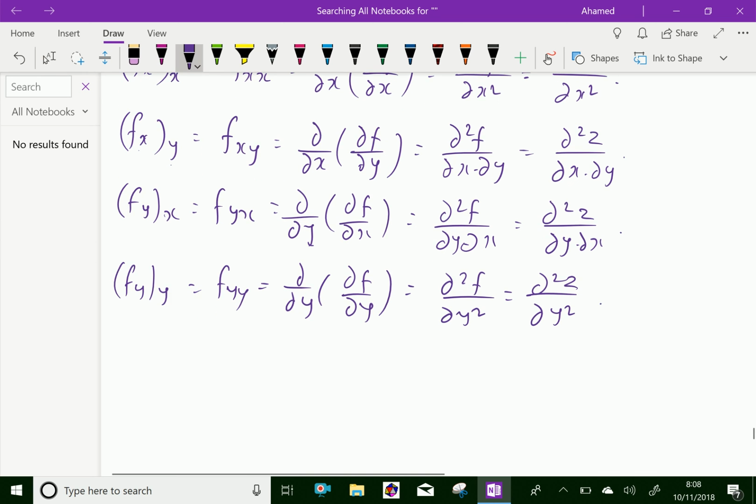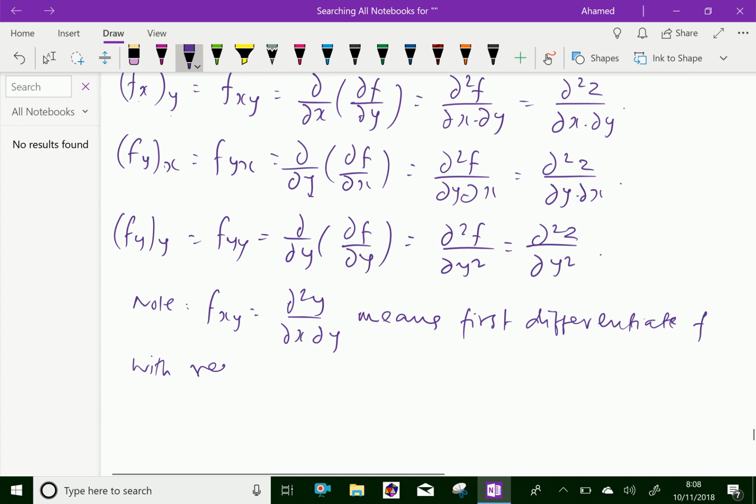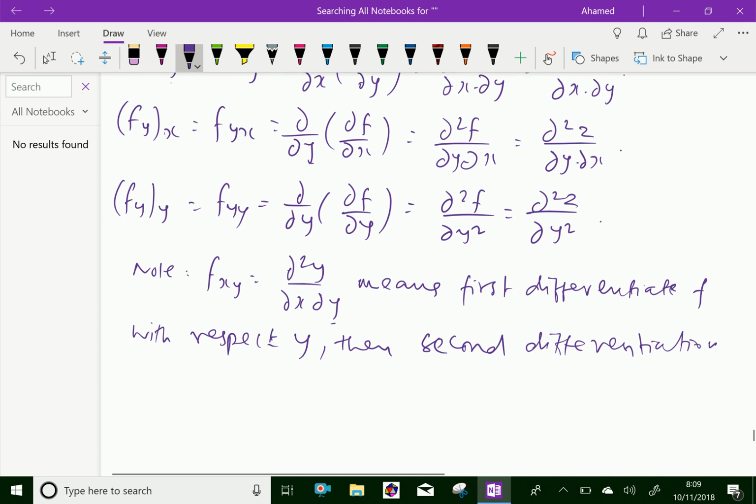Here note this point: f of xy, which in turn you can write as dou square f by dou x dou y, means first differentiate f with respect to y, which means the outer letter y, then second differentiation with respect to x.